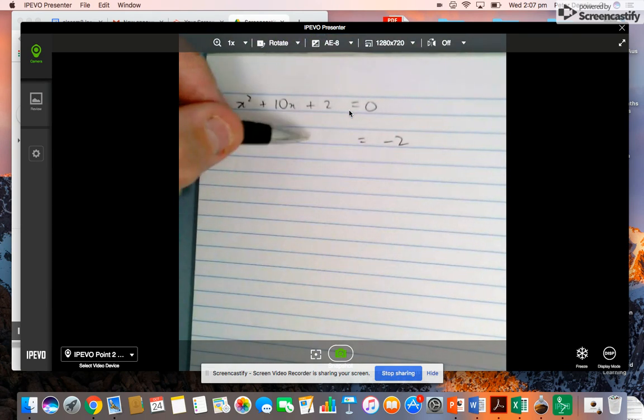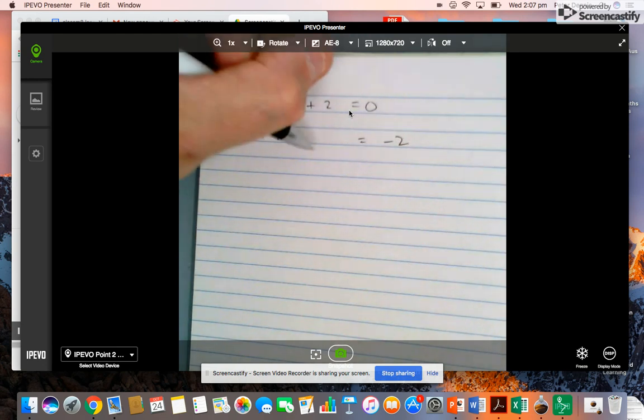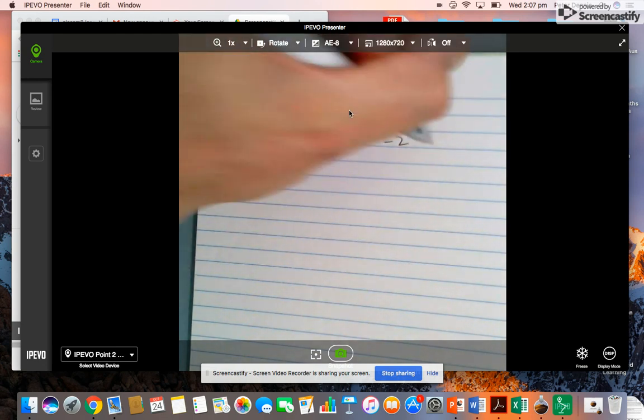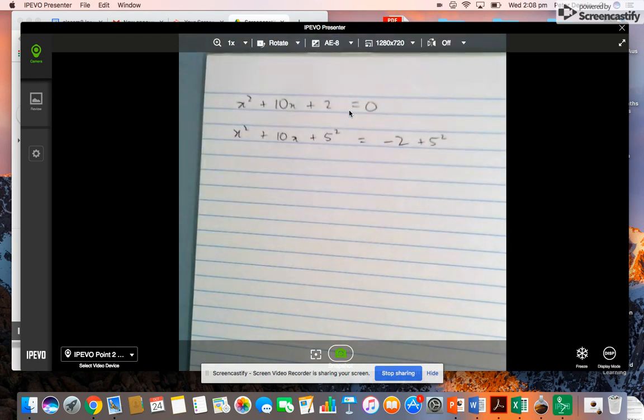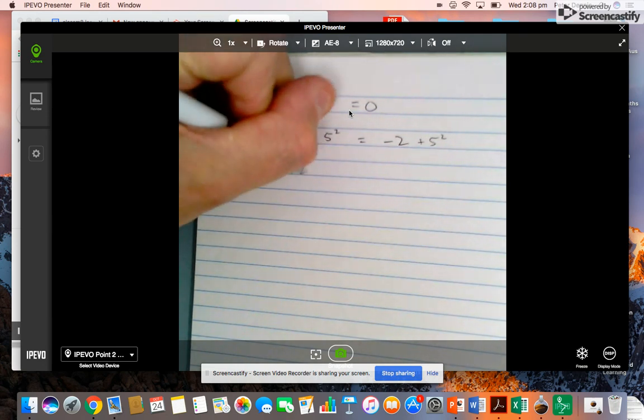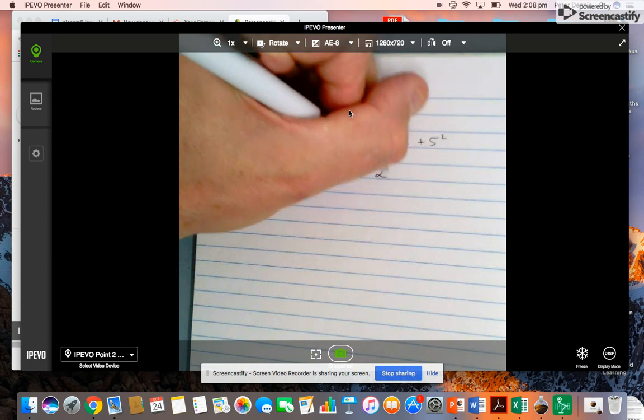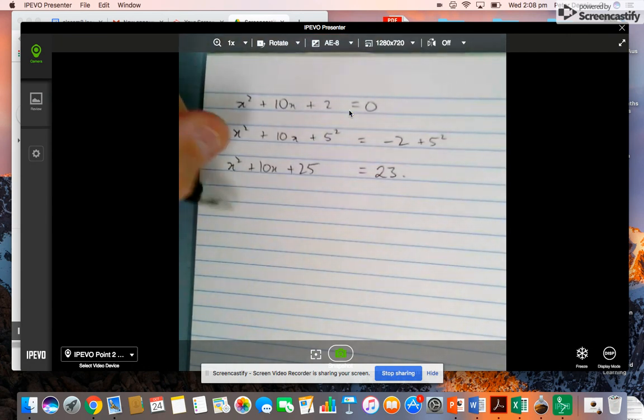And I've left a big gap here because I'm going to fill that gap by completing the square. Half of 10 is 5. So I'm going to add 5 squared to this and 5 squared to that. So what we get is x squared plus 10x plus 25 equals 23. And again, on this side, that is x plus 5 all squared.